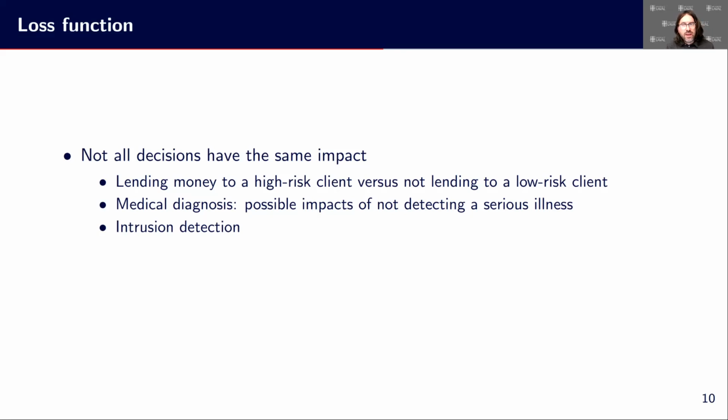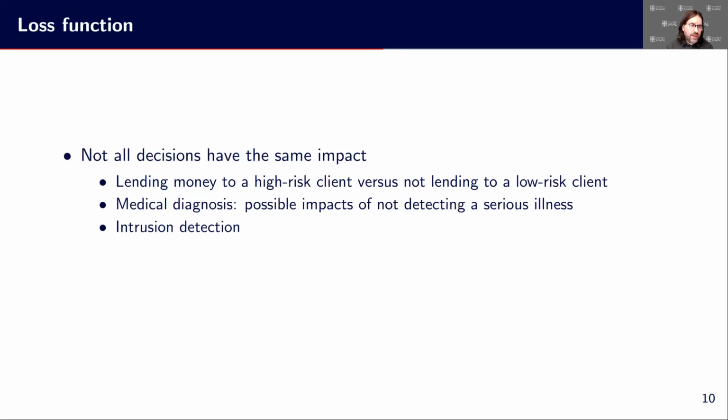Because we will lose a client for a low-risk client. So yes, there is some profit not made here, but the consequences are likely to be much less than giving money to a client that is at high risk. So the decisions should be made accordingly.